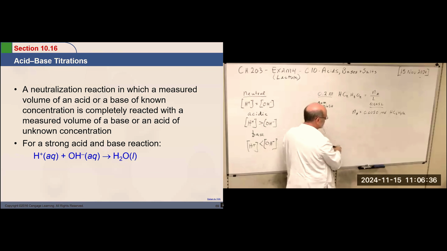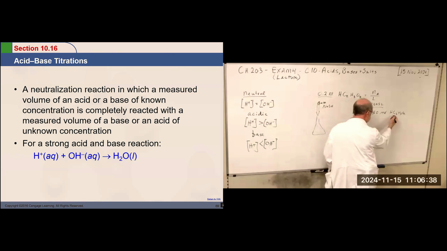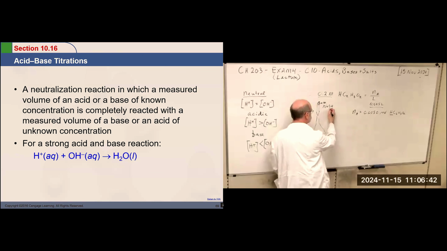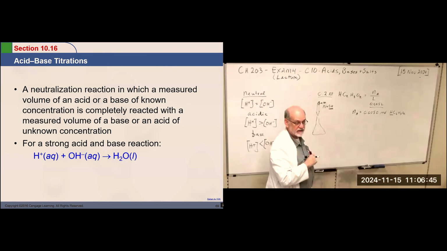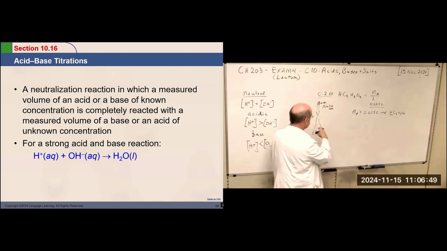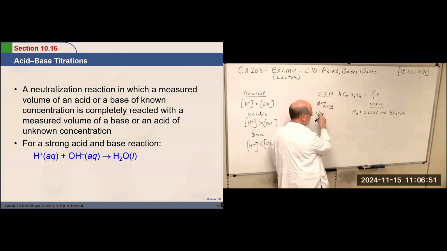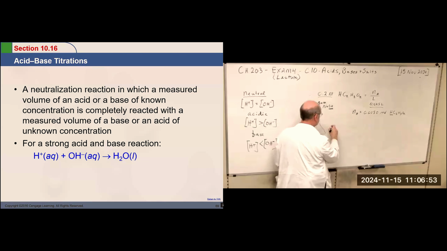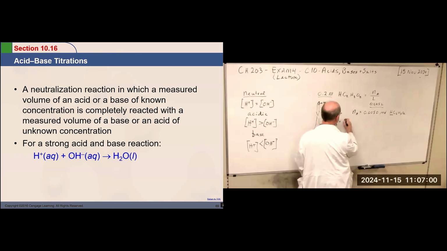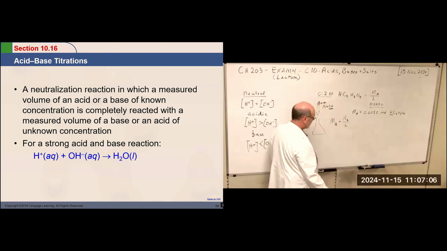So this acid concentration is the concentration of hydrogen ions. The moles of base will tell us how many hydroxyls we add. And since the stoichiometry is 1:1, with this volume we can calculate the molarity of the base, which equals moles of base per volume of base, or liters of base.